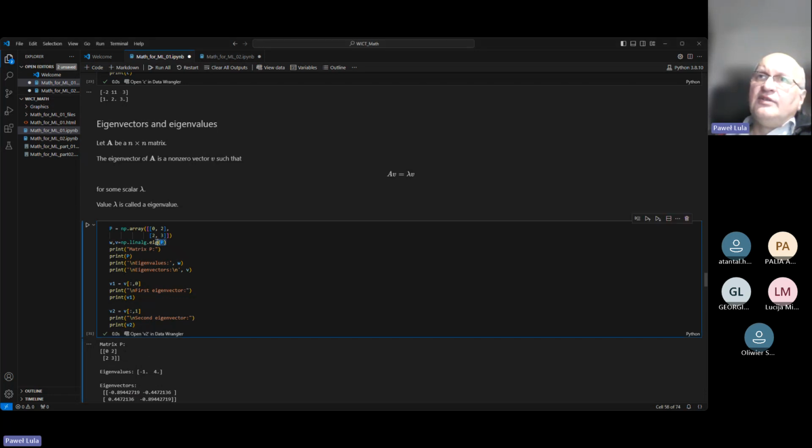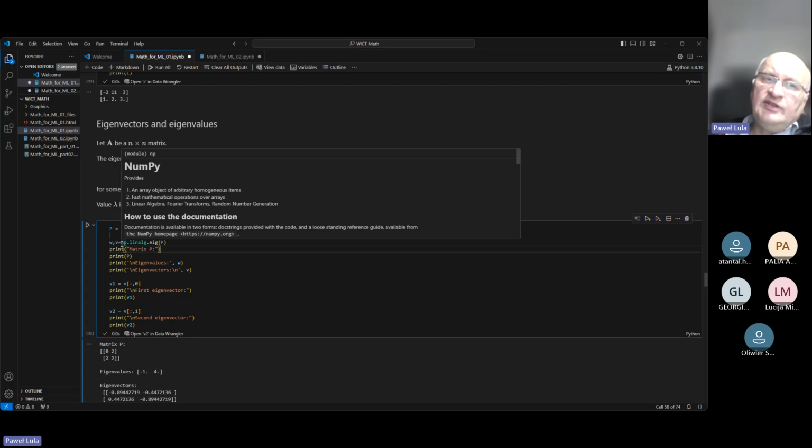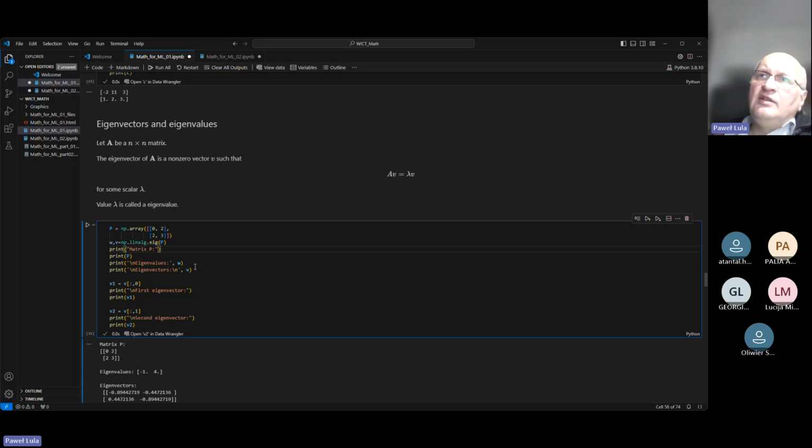And in this line, I use the eig function for calculating eigenvalues and eigenvectors. These elements are here as W and V. In W, it is a vector, we have eigenvalues, and V, it is a matrix in which we have eigenvectors.